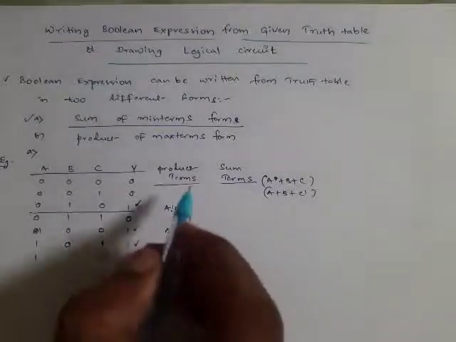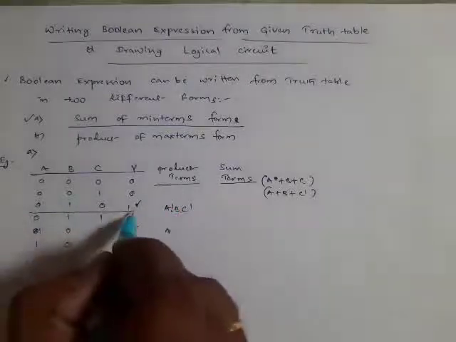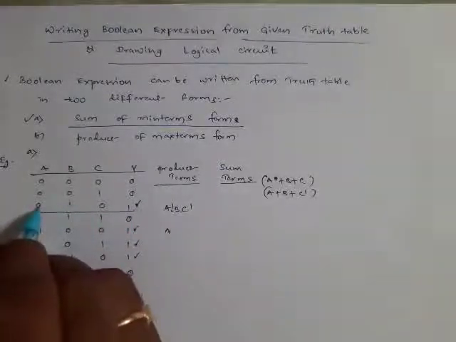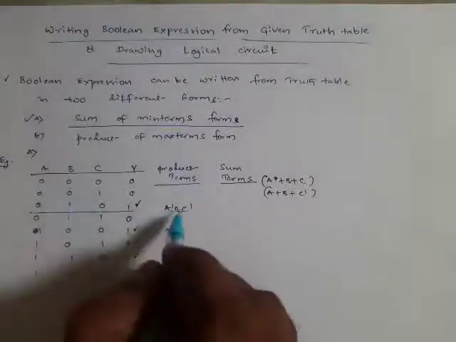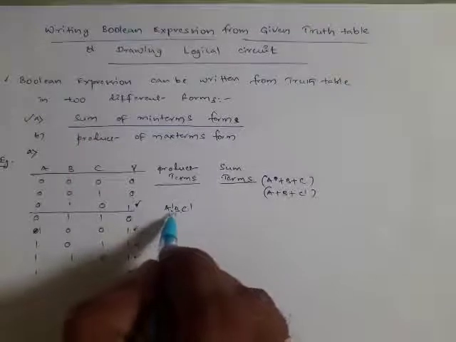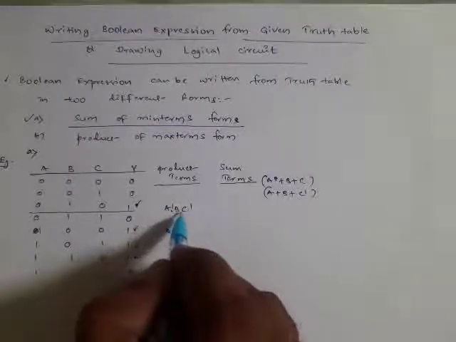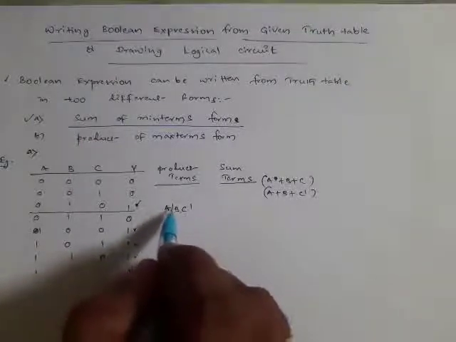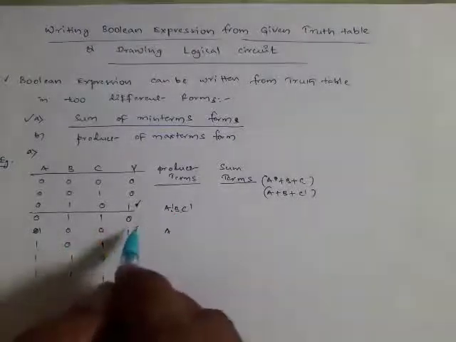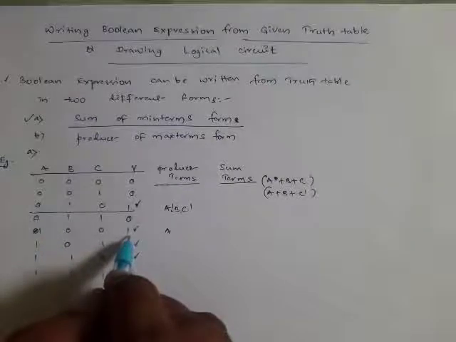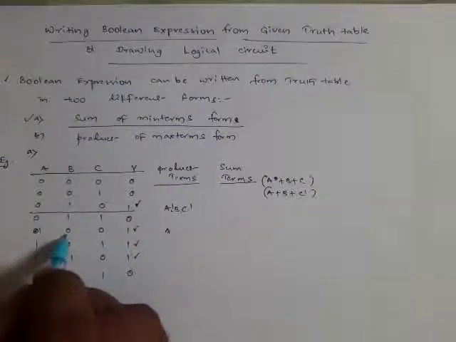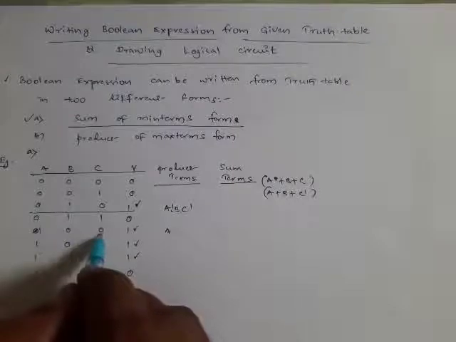So for this combination of input, the product term becomes, since a equal to 0, it is a bar, b equal to 1, so it is b only, c equal to 0, it is c bar. It is a bar dot b dot c bar, simply a bar b c bar. Similarly, another combination for which the function becomes 1 is where a equal to 1, b equal to 0, and c equal to 0.